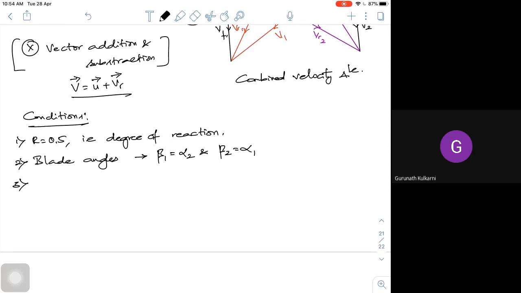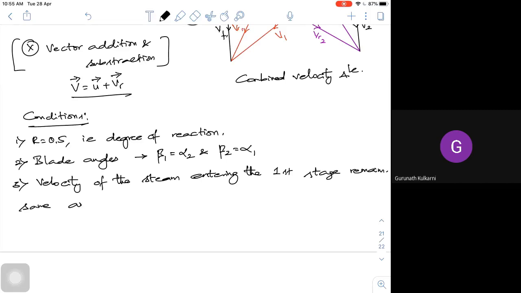Now the velocity of the steam entering the first stage remains the same as it leaves the last stage.